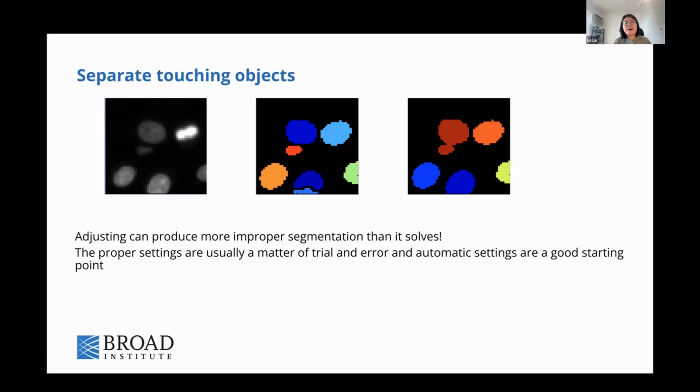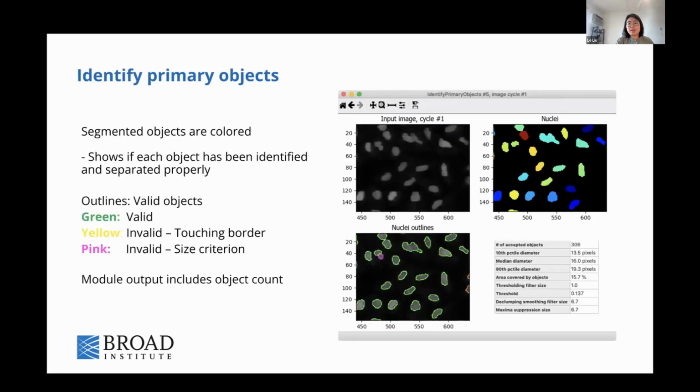In biological experiments, we want not only the nuclei but also information about the cells and the cytoplasm. So we can use the CellProfiler pipelines to find the primary objects.